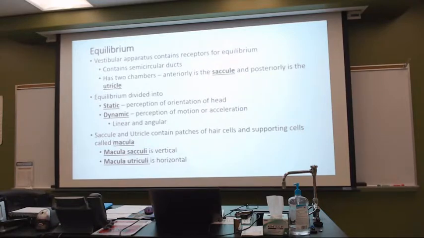We've got our semicircular ducts that are present, and in this vestibule we have two chambers. Anterior they call saccule, posterior utricle. Right, well, we're going to look at a picture, okay?